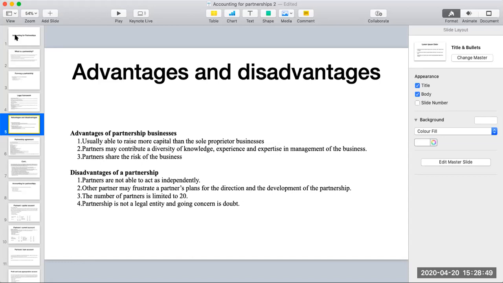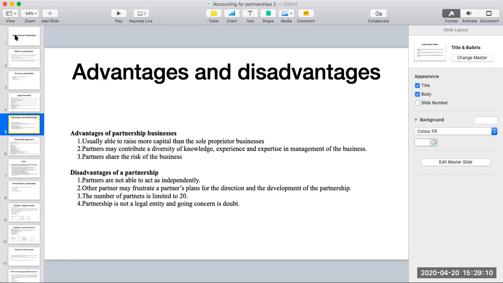And also, the risk can be shared among the partners. If it is a sole proprietorship, the total risk lies in the hands of the owner or the proprietor. But if it is a partnership, that will be distributed among the partners.